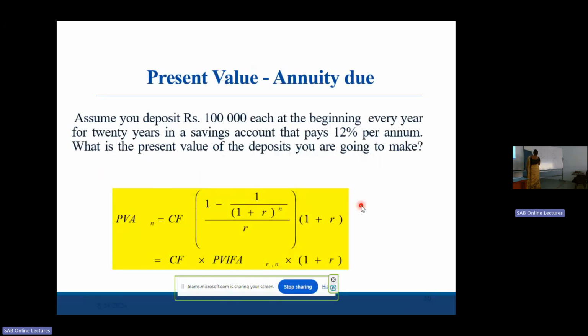So get the total here. Here 1000, you can take as it is. 1909.